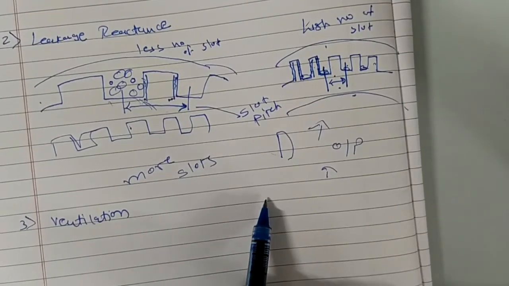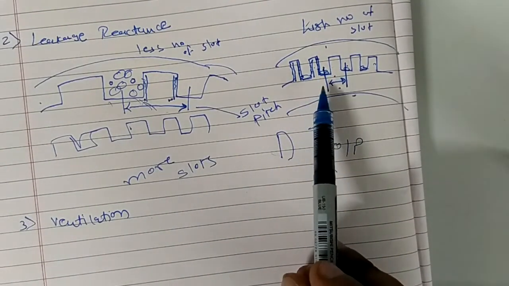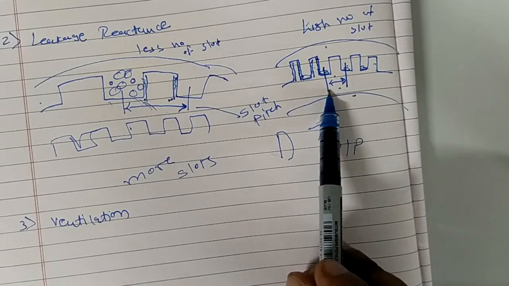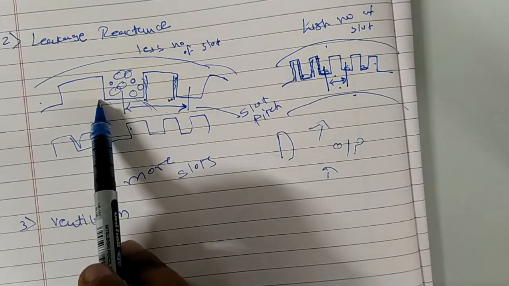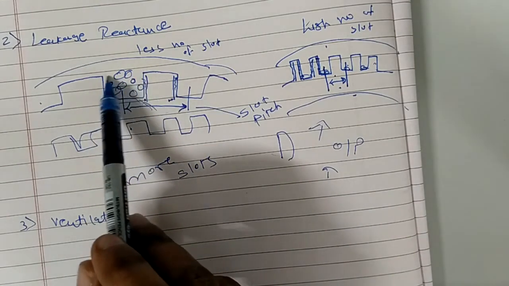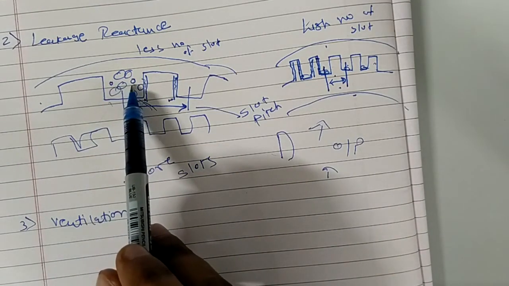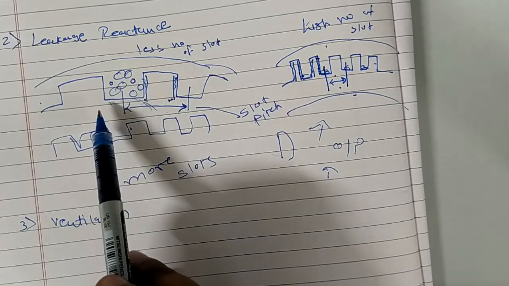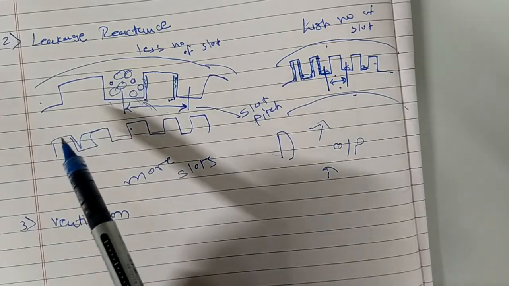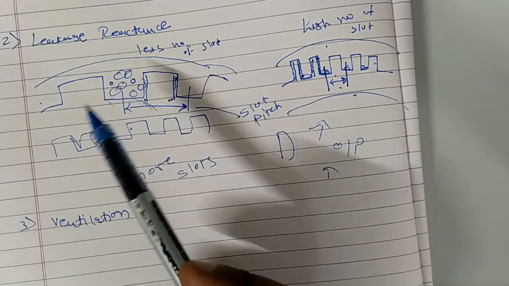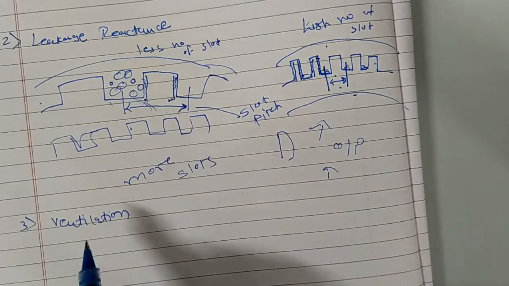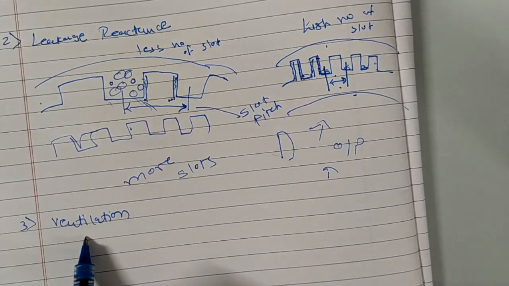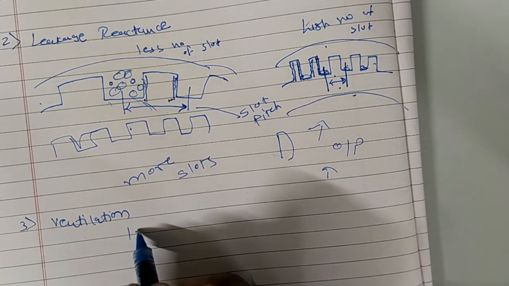So if I am using a large number of slots, ventilation can be a problem. But with a smaller number of slots I have a large tooth area, so I can provide ducts for circulation of air or some cooling medium, say hydrogen or water cooling or something else. So as far as the ventilation point is concerned, we prefer a smaller number of slots.